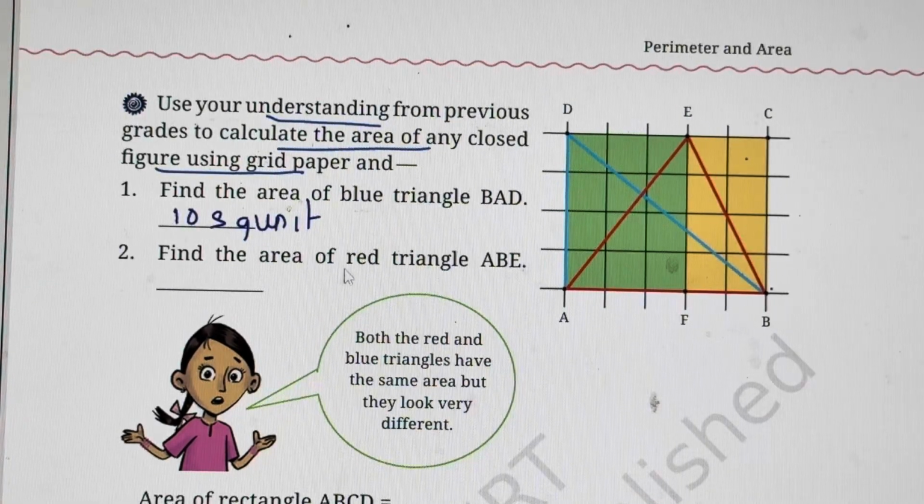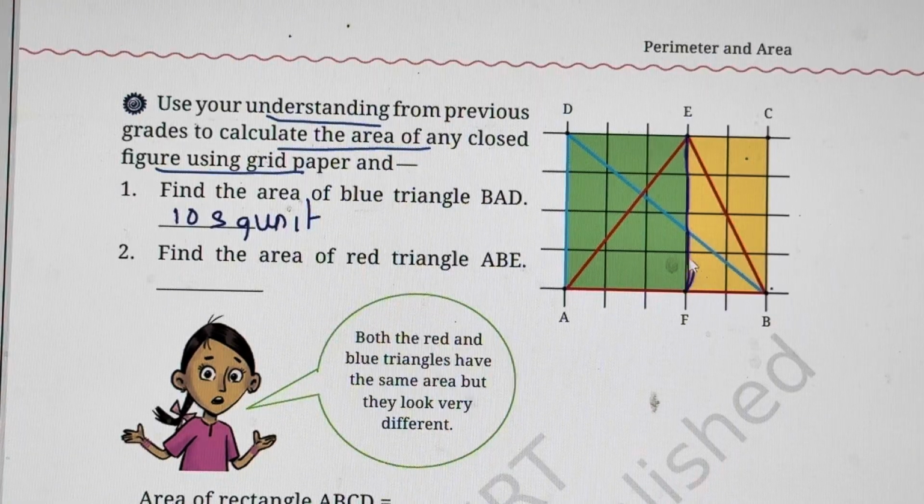Now let us find the area of the red triangle ABE, this red triangle. Now here, if we see this red triangle, it would be difficult for us to find out the area because there are two diagonals you can see. So what do we do? We divide this triangle into two more triangles.